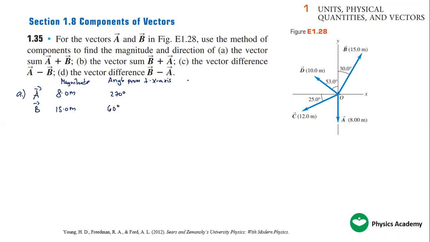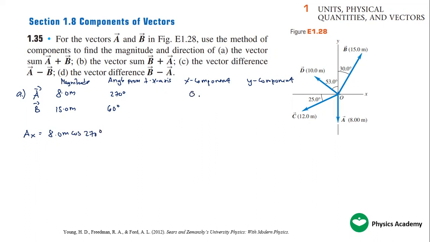And we have the X component and the Y component. So our AX is just 8.0 meters cosine of 270 degrees. 8 cosine 270 is 0.